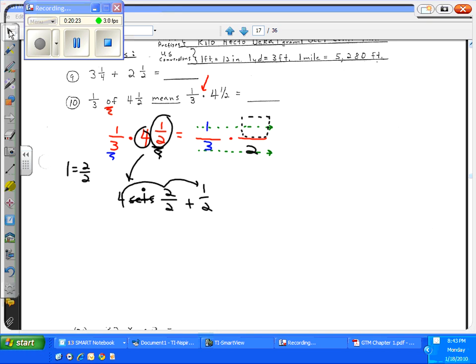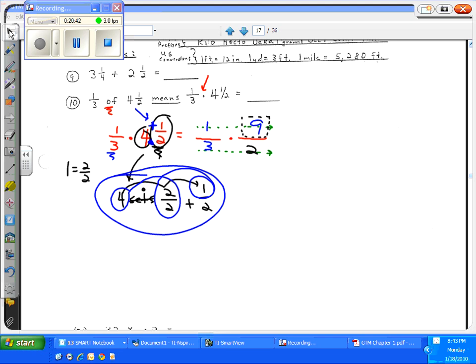And the way y'all learned this was just to say 4 times 2 plus 1. What we're really thinking is we have 4 sets of 2 halves, which would be 8 halves, plus 1 more half is 9 halves. Or 4 times 2 is 8 plus 1 is 9. Here's the logic. Here's the trick.